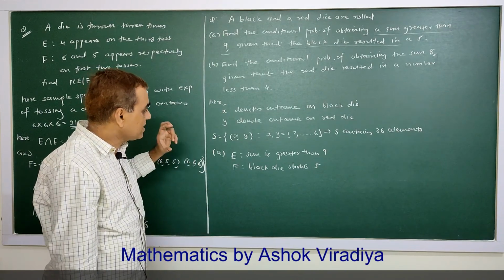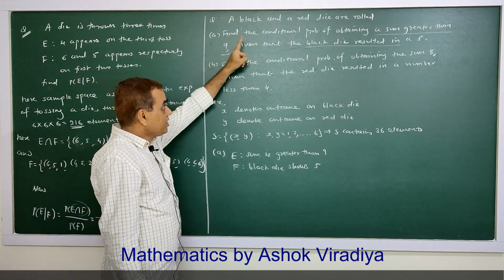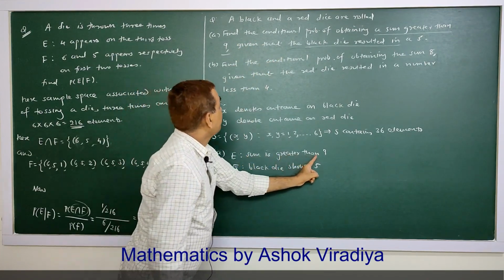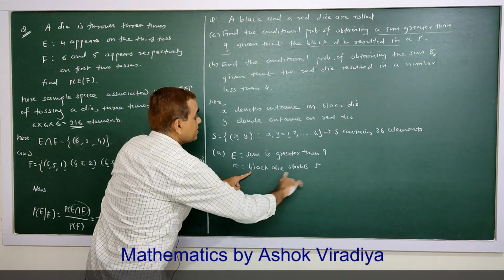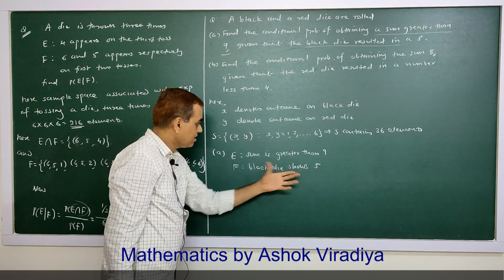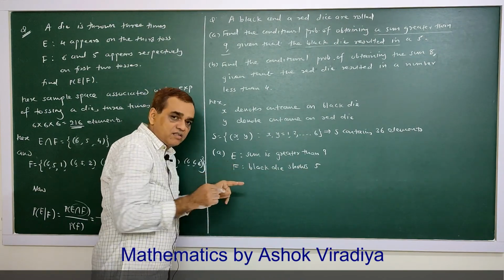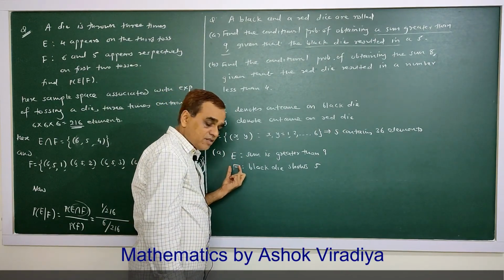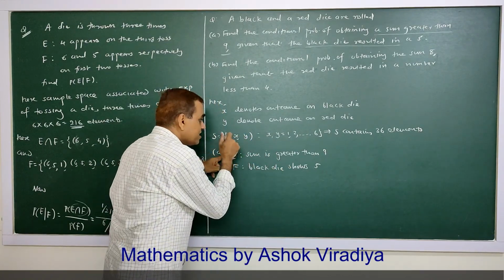We want the conditional probability of the sum being greater than 9 given that the black die resulted in 5. Given is for F. So F has occurred, then what is the probability of E that is required?